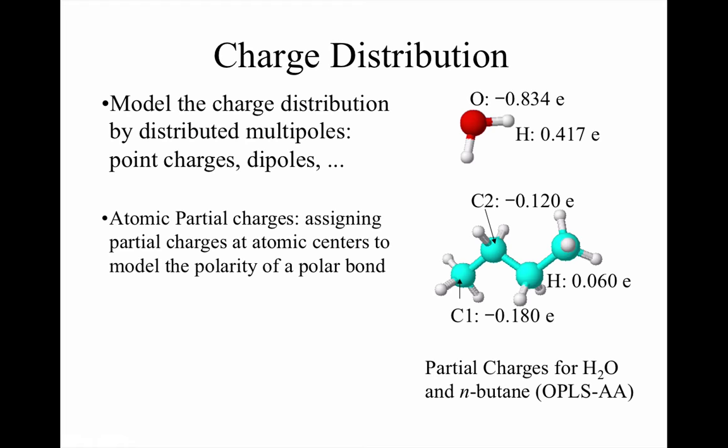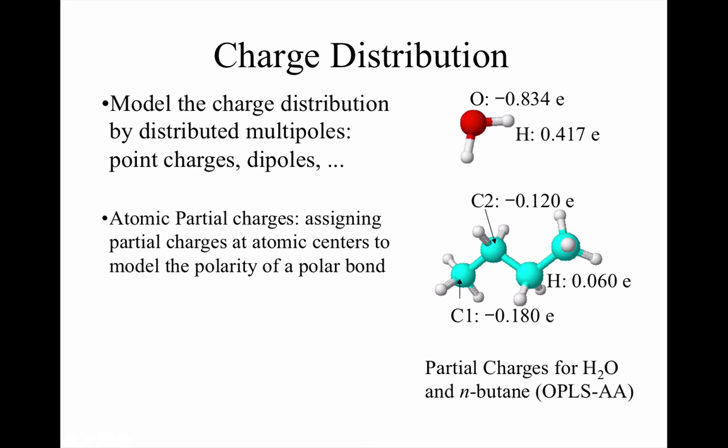Now, as we know, atoms do not have a charge. Atoms are neutral. But when we put atoms into molecules, then due to the fact that different atoms can have different electronegativity, we can end up having residual charges at some of the atomic sites in molecules.